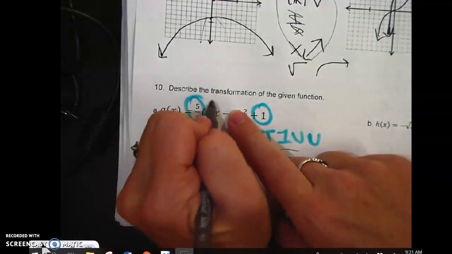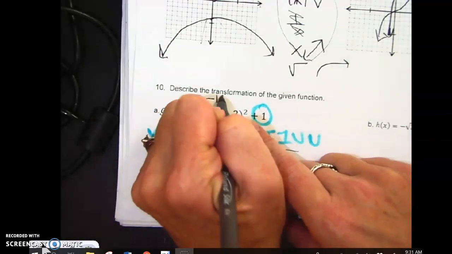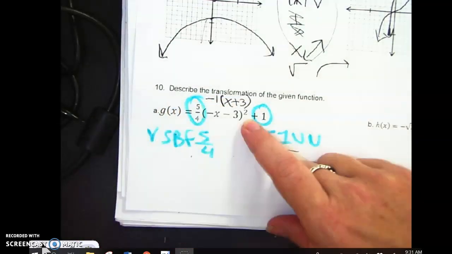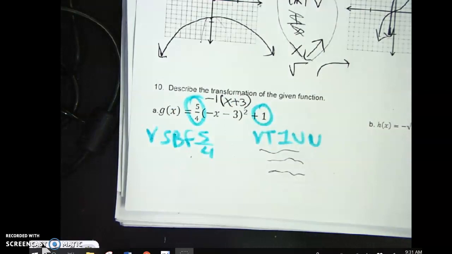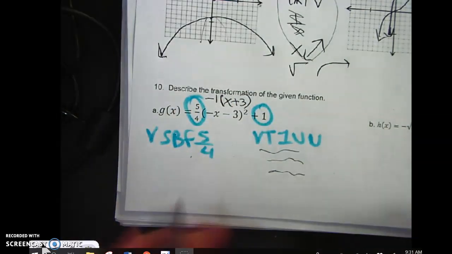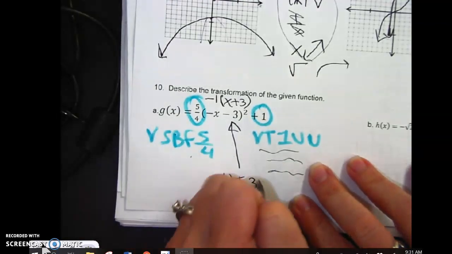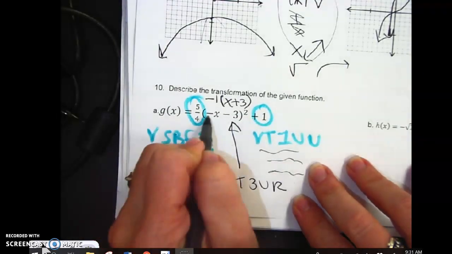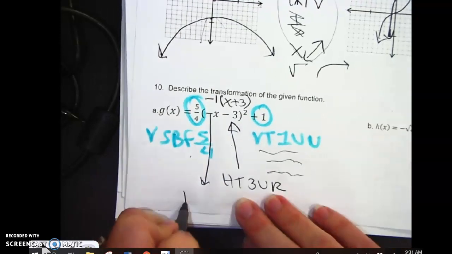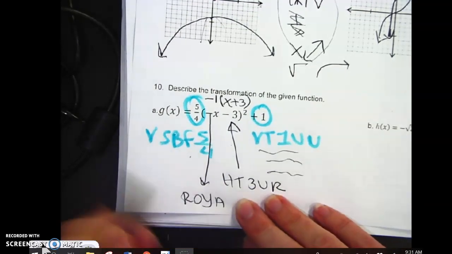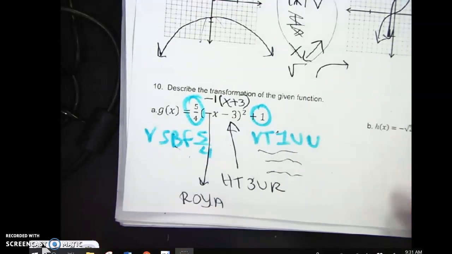All right. If you get a problem like this, it would be -1 parentheses x plus 3. I'll still make this bonus, okay? But you got to show your work. So if you give me horizontal translation 3 units right, and you give me a reflection over the y-axis, you will get your 1, 2, 3, 4 points.